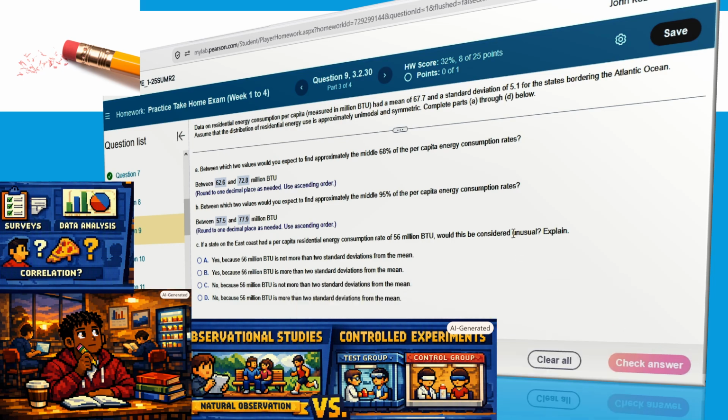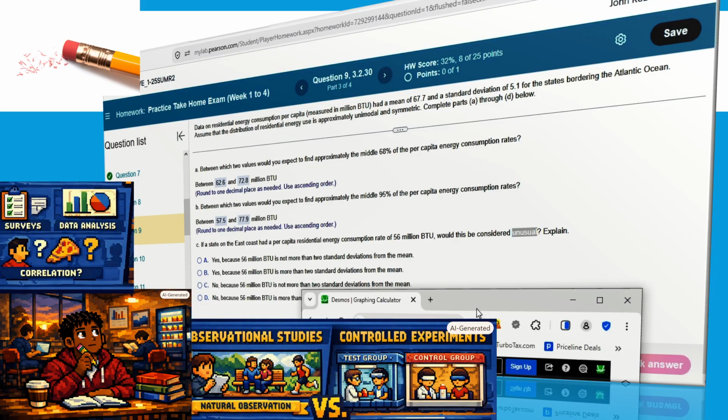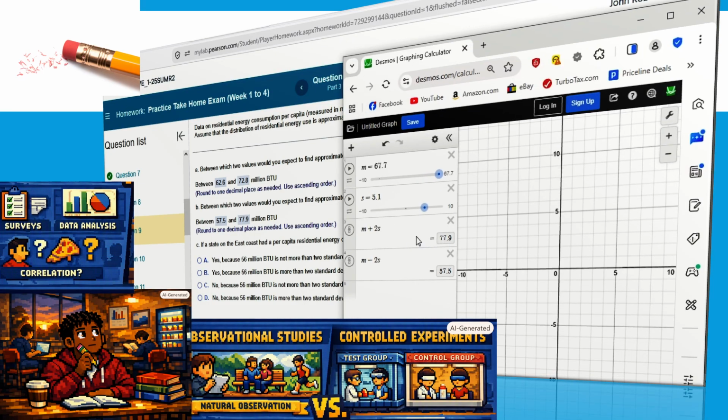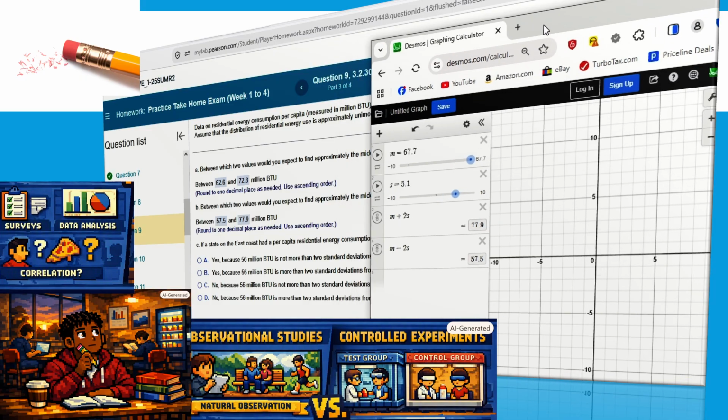So remember, unusual is going to be greater than 2 standard deviations away. So either greater than 77.9 or less than 57.5 would be in those two tails of the 5%, which would be about 2.5% on each tail of a normal curve.